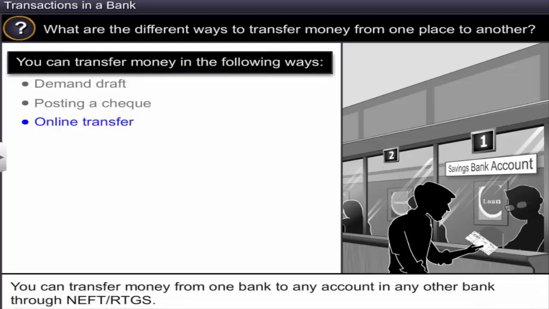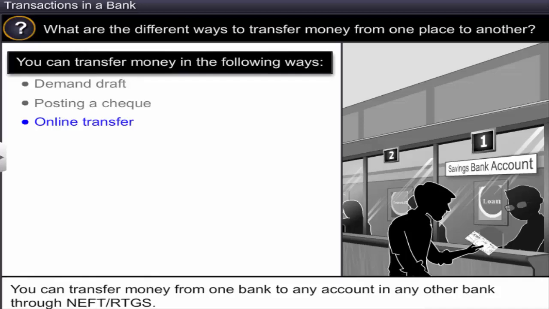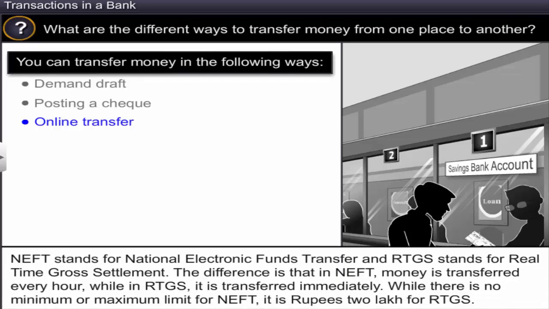You can transfer money from one bank to any account in any other bank through NEFT or RTGS. NEFT stands for National Electronic Funds Transfer and RTGS stands for Real-Time Gross Settlement.